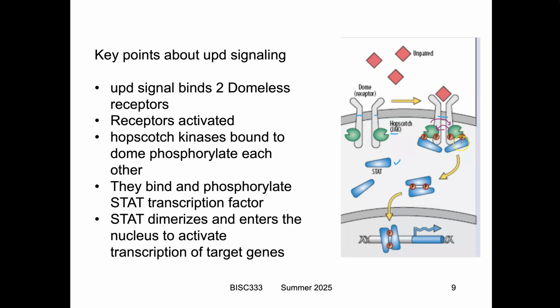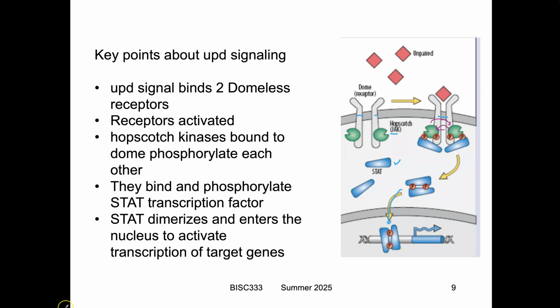When the STAT protein gets phosphorylated here and here, it causes the proteins to form dimers, and when they form dimers, they're able to enter the nucleus and initiate transcription of downstream genes.